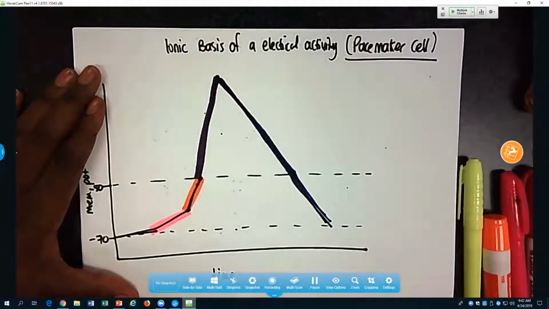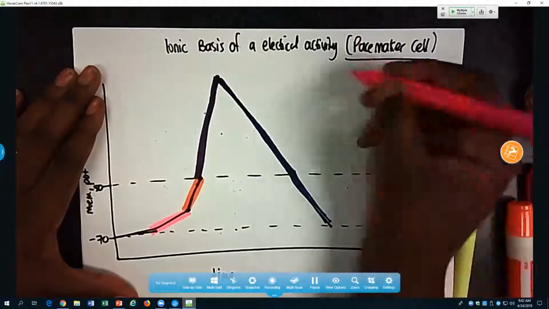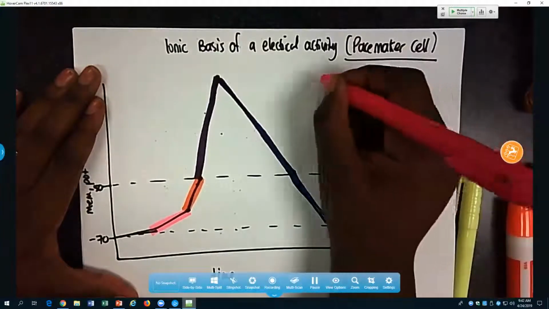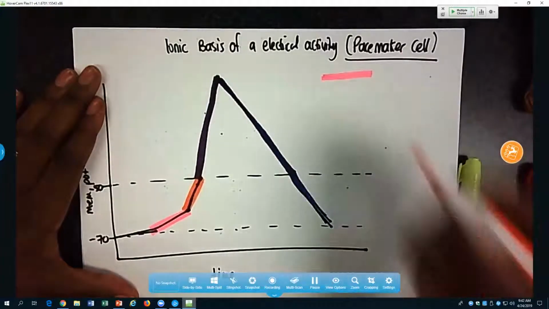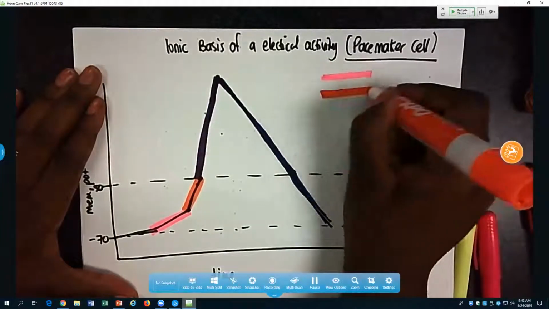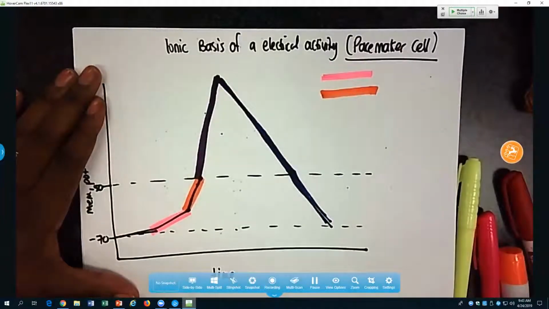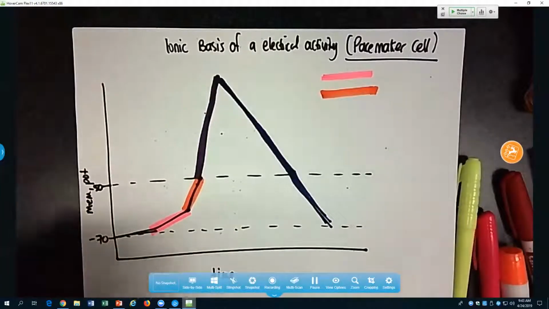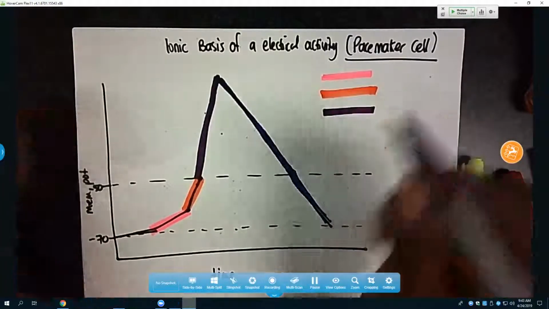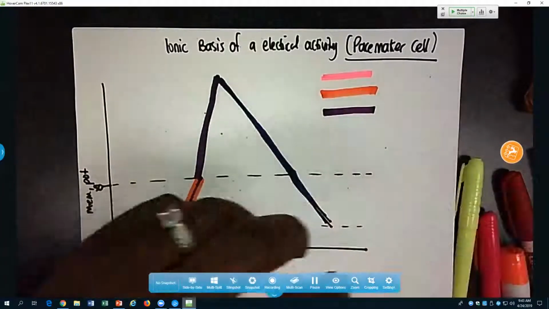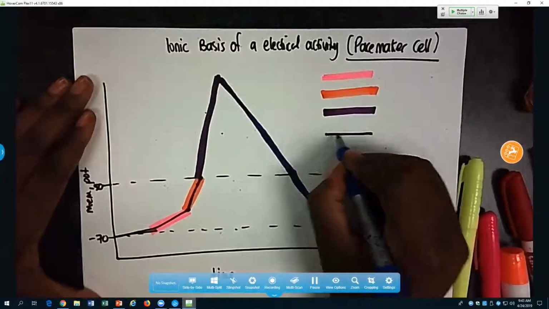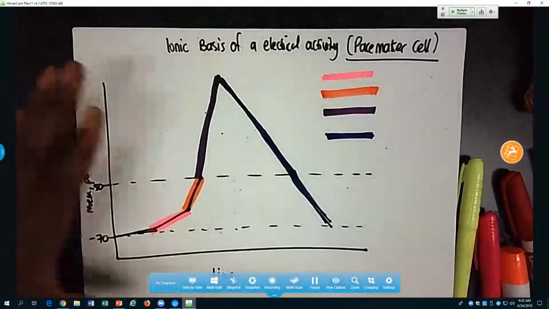Okay, so let's describe these 4 phases here. So we got 1, 2, 3, and 4. Okay.